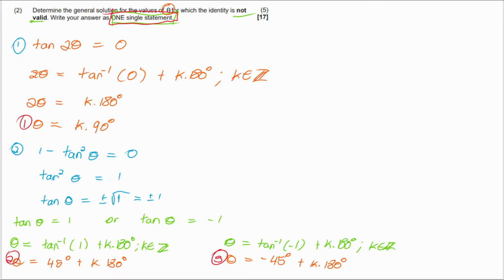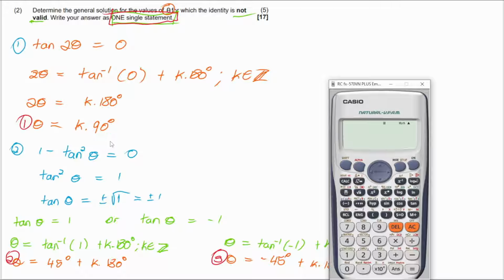So let me look at this one. What are some possible specific solutions I can get in this one? What I'm going to do is choose some k values. Let me see, if I choose k as 0, 0 times 90 is obviously 0. If I choose k as 1, I get 90. K is 2, I'm going to get 180.